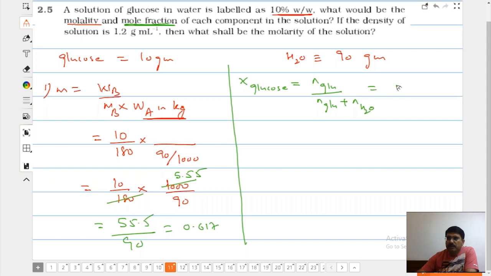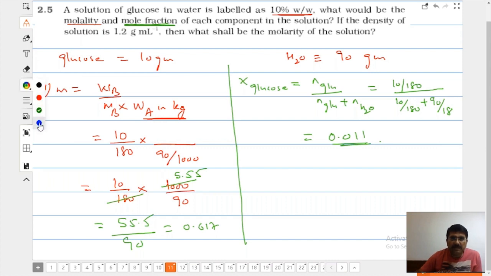So it is 10 by 180 divided by 10 by 180 plus 90 by 18. What's your answer? Calculate. 0.011. Clear? Shall I move ahead?